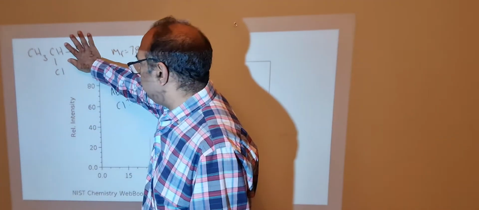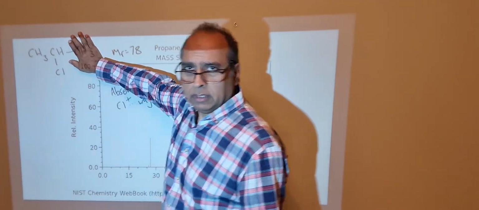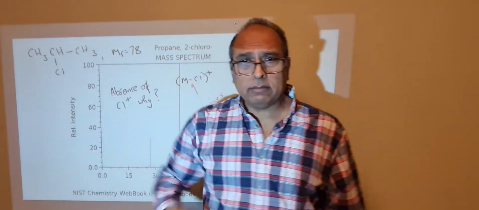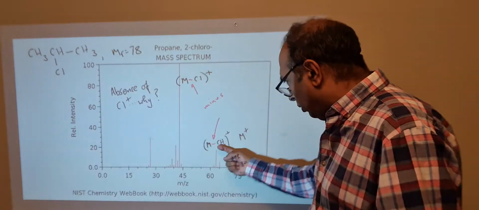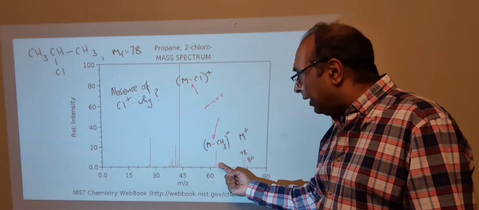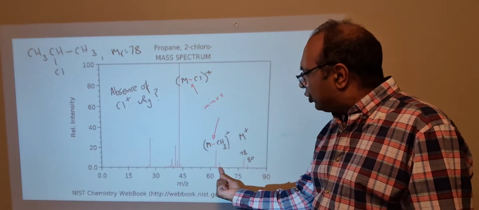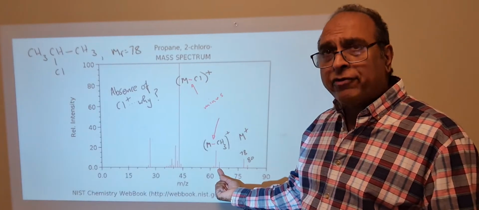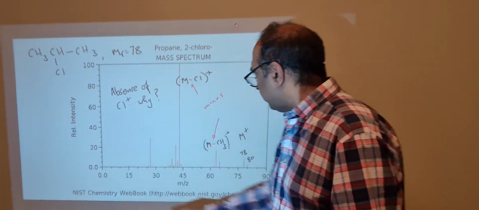So if you lost that, then that would be one solution for that peak there. And of course the one 2 along is the heavier chlorine version of the same fragment. But all these are fragments.